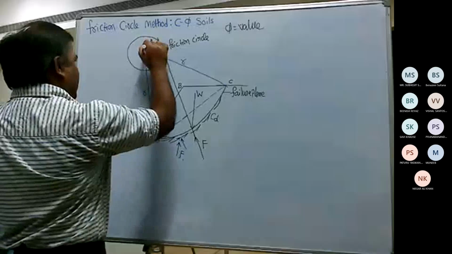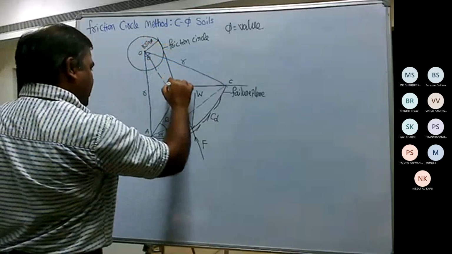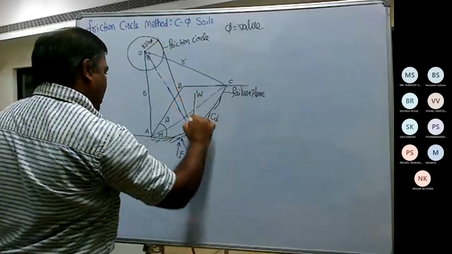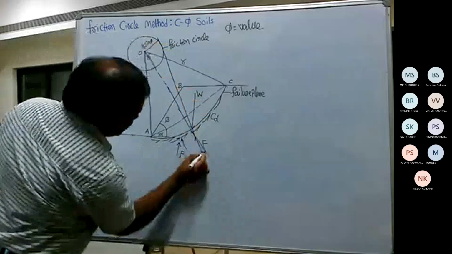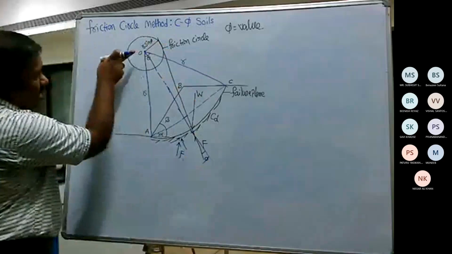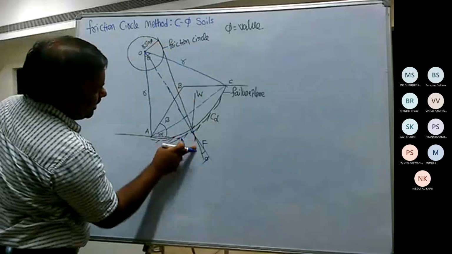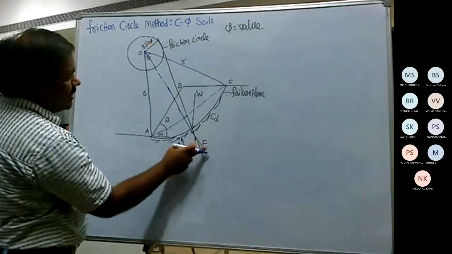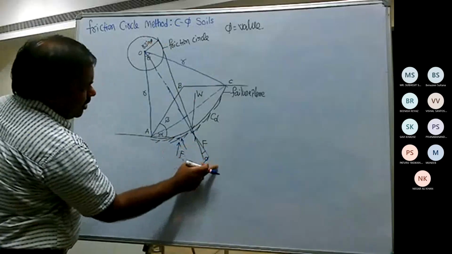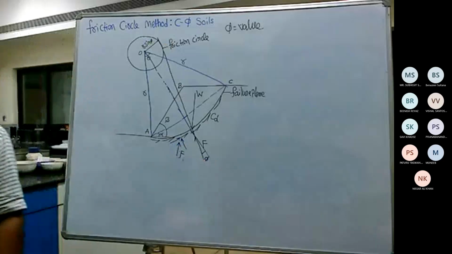Now another major assumption is, suppose I draw a center line, where it passes, the angle between the line which passes through the center of the circle and the line where it cuts the resultant line of action, the angle between this line and this line is approximately phi.